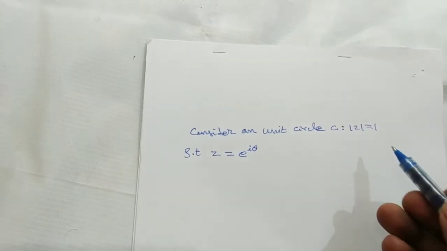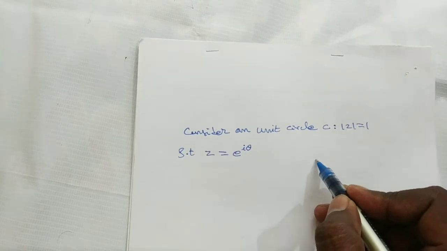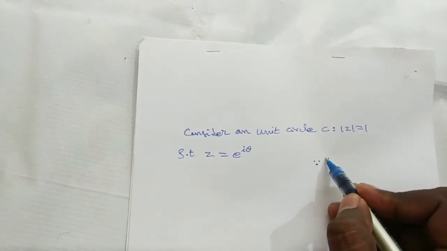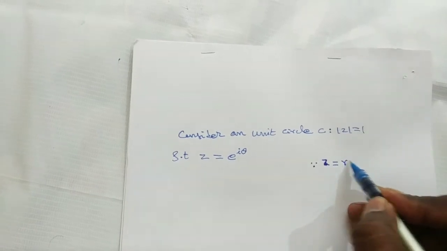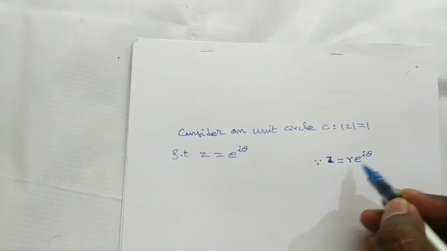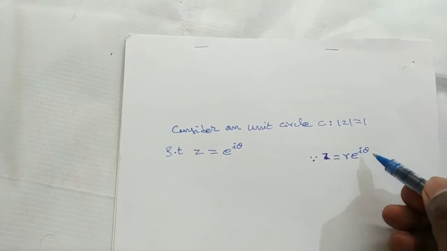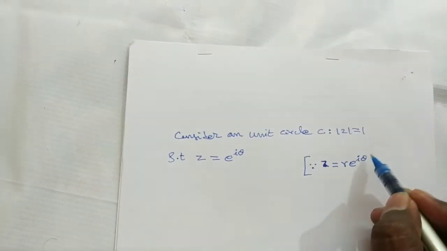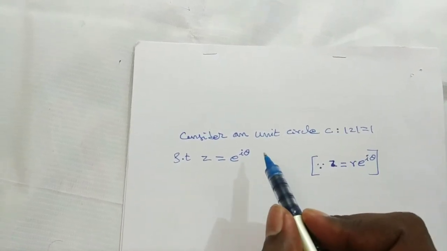Unit circle means it is e^{iθ}, because every complex number has the corresponding polar form r e^{iθ}, that is r(cos θ + i sin θ). Here the radius is 1, so 1 into e^{iθ}. So if it is a unit circle, then z can be written as e^{iθ}.